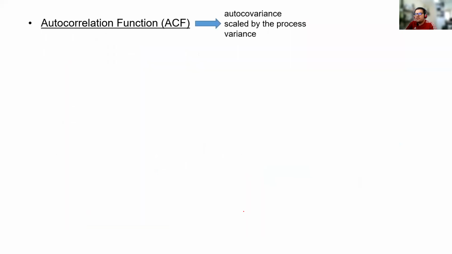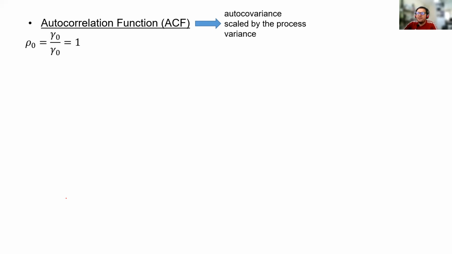Now we will use these covariances and variance to generate something called the autocorrelation function. The autocorrelation function is very useful in the sense that it allows a graphic visualization of the dynamic of the variances of the variable, and allows us to scale those covariances by the variance of the process.